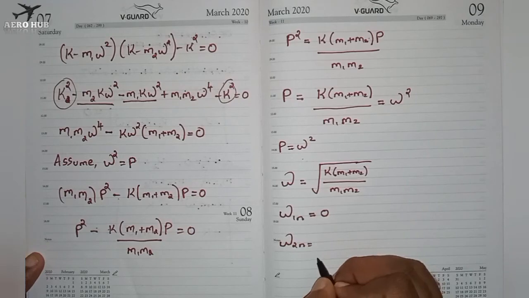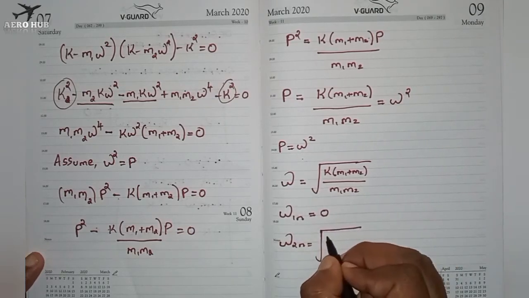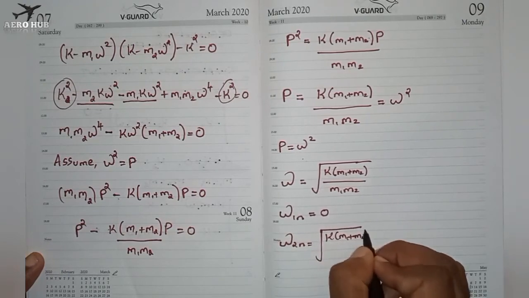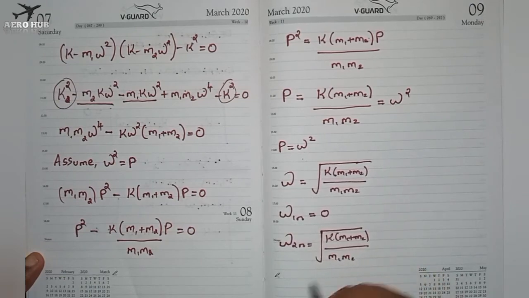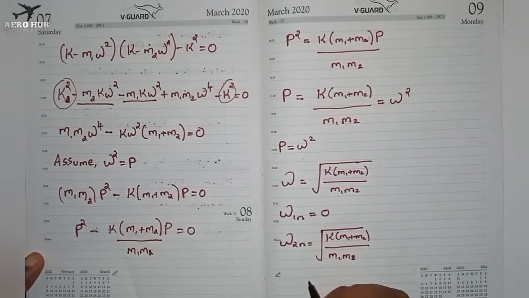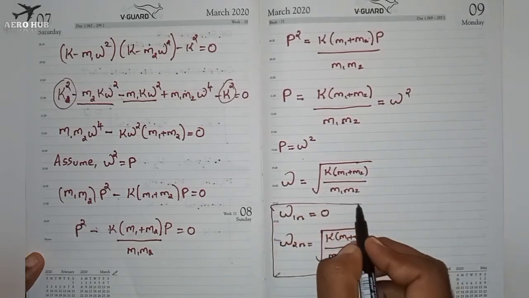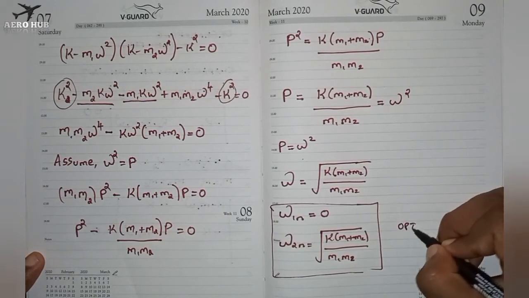So the second natural frequency will be equal to root of k into (m1 plus m2) divided by m1 m2. This is the answer, and this will be option A.